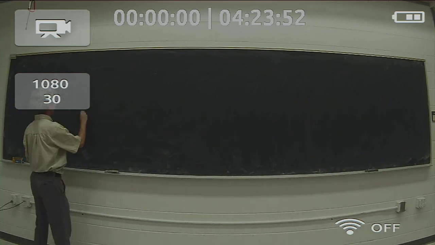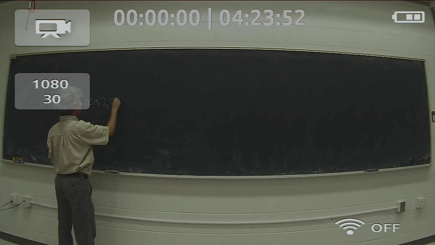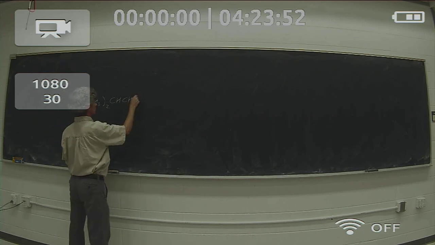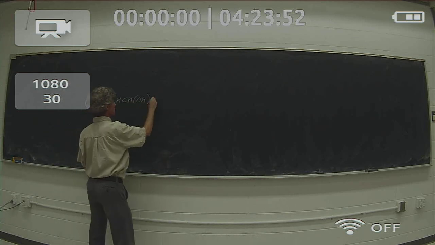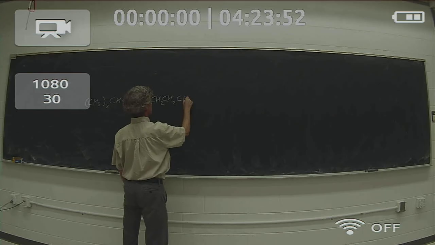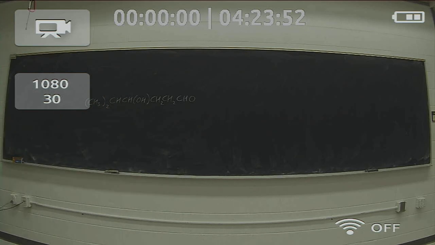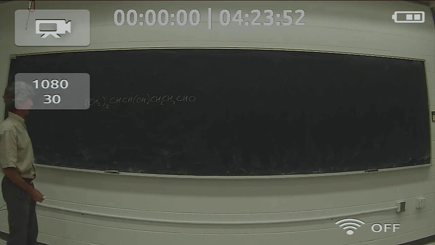So let's look at an example. Let's consider (CH3)2CHCH(OH)CH2CH2CHO. That's a condensed form. How would we convert that into a bond line form?